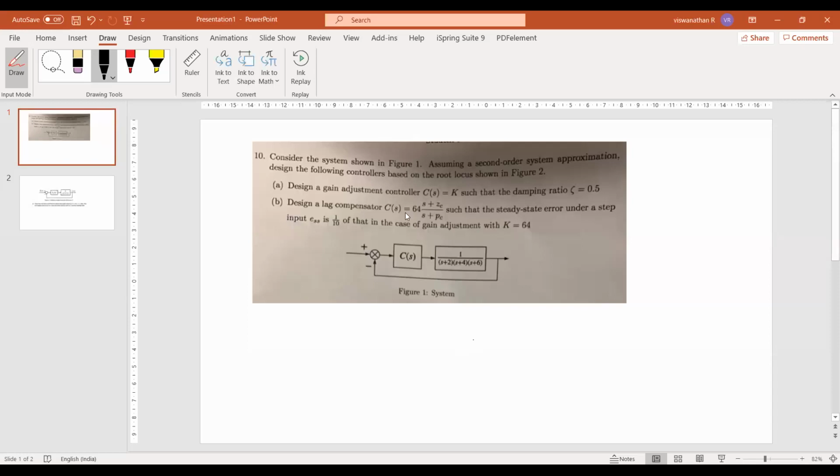Okay. So which pole are you going to eliminate? S plus 6, sir. Minus 6 is the pole we can eliminate. Okay. So you eliminate the minus 6 one.